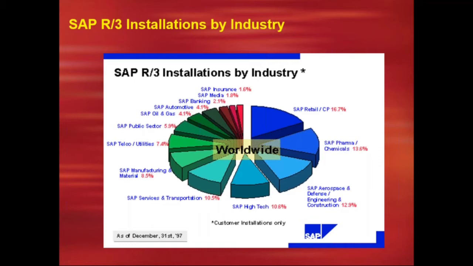So the SAP ERP product is providing solutions to almost all the industry segments: pharma, chemical, consumer products, retail, utilities, telecommunications, aerospace, defense, engineering, construction, automobile, oil and gas, high technologies, banking, media, insurance, steel, transportation, logistics, services, etc., etc.